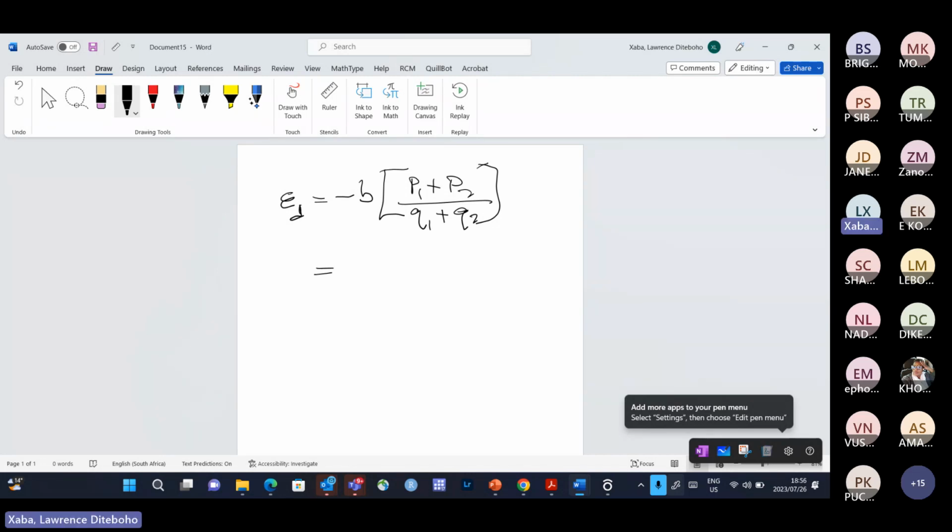We are still using the very same demand function, Q equals 4,000 minus 2P. We want the value of our slope, which is negative B, given from that function. So our slope is still -2.